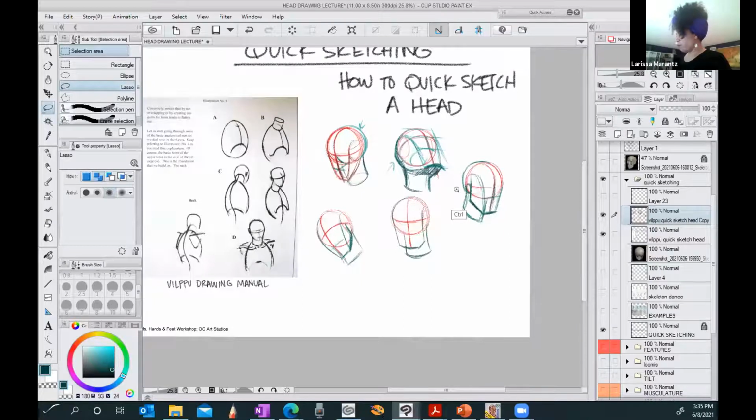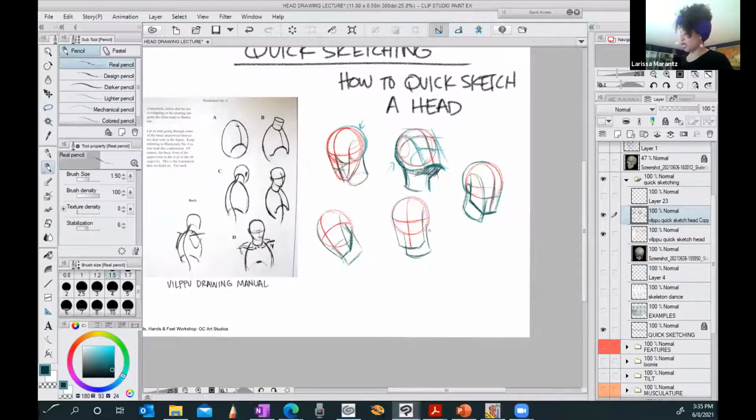Okay, so basically, I haven't really drawn the head. I've just drawn a construction of the head. But now you're like, okay, well, I can do that. But now, how do I get the head? How do I get the features to not be floating like a Picasso painting, so that they're structured on my head shape? So what you want to do is think of those, and we'll talk about this in caricaturing in a few minutes.